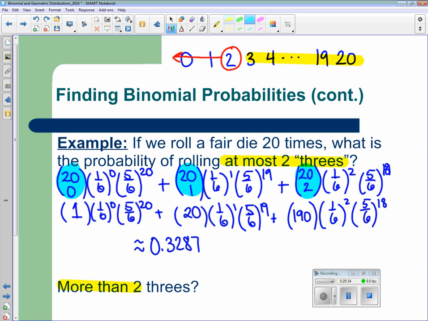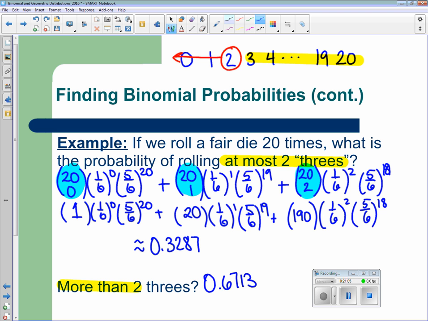I got 0.6713. What did I do? If at most 2 is 0.3287, why is more than 2 0.6713?